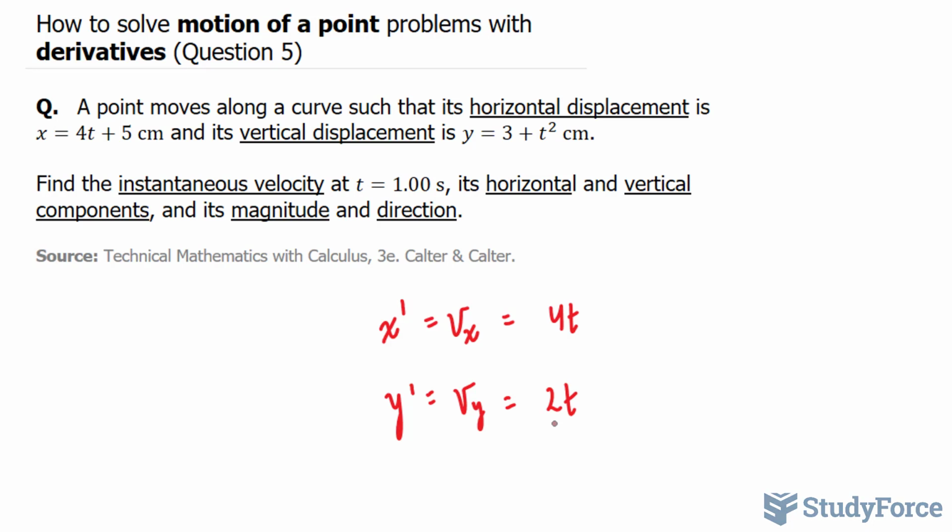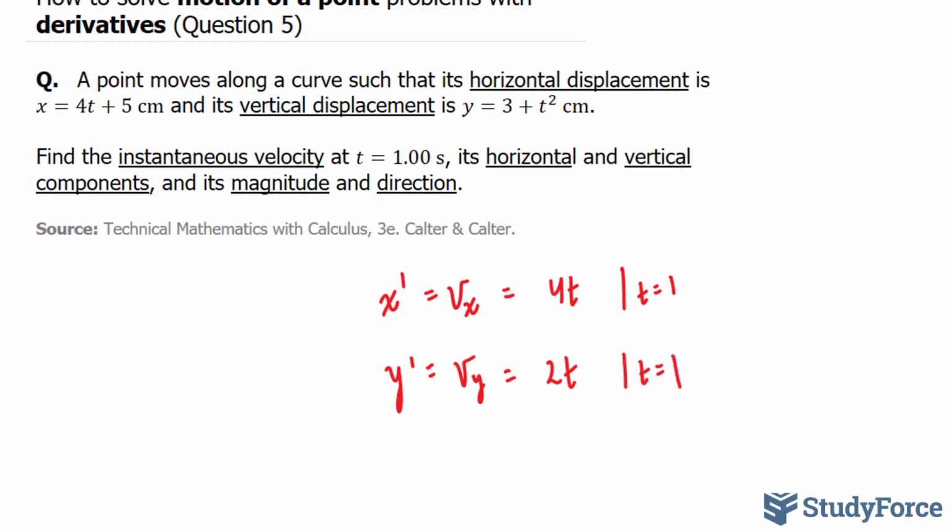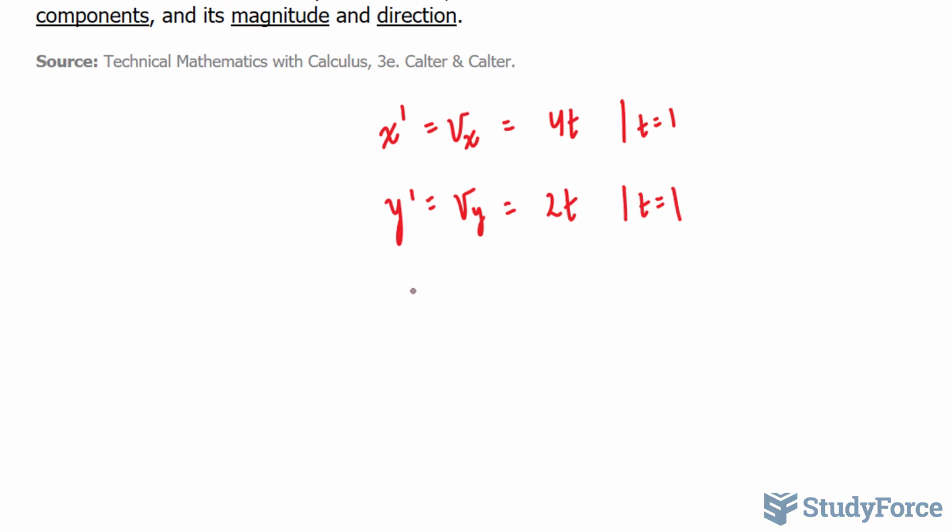So I found my x component equation and my y component equation. Now I substitute t is equal to 1 into both, giving me the following. The horizontal component, vx, is equal to 4, and vy is equal to 2.